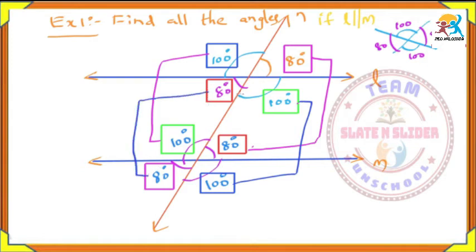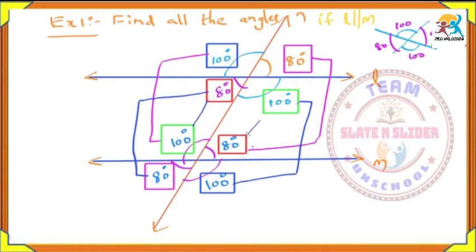And the next one, the sum of the interior or exterior angles on the same side of the transversal is 180. So let us take the interior angles. The two angles should be on the same side of the transversal and their sum is 180. If we take this 100 and this 80, these two sum is 180. Check once.